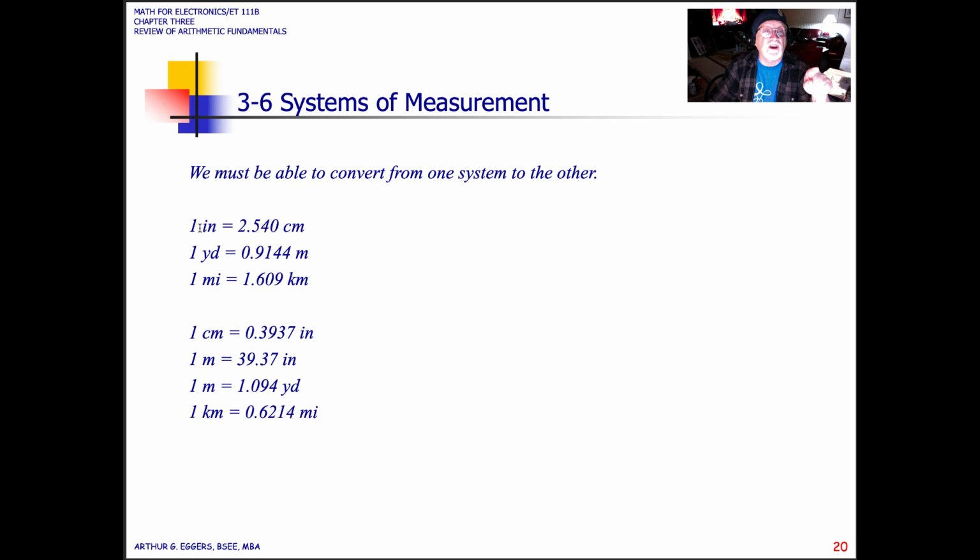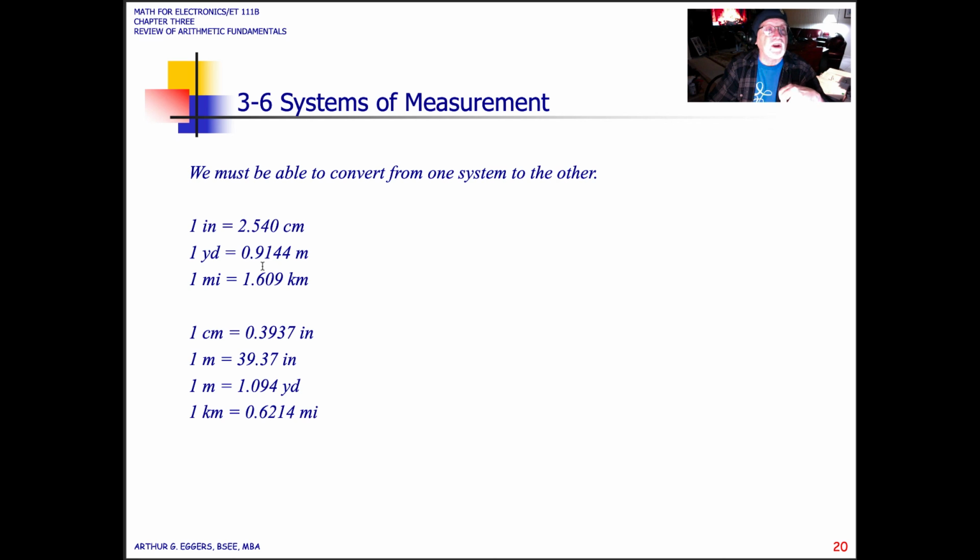So if you needed to convert inches to centimeters, yards to meters, miles to kilometers, centimeters to inches, meters to inches, meters to yards, kilometers to miles, these are the conversions. Okay, if you don't have that Casio calculator, and maybe you have a programmable one, you can put these in there. Otherwise, you're going to have to get out your notebook and keep track of these measures as you go along.